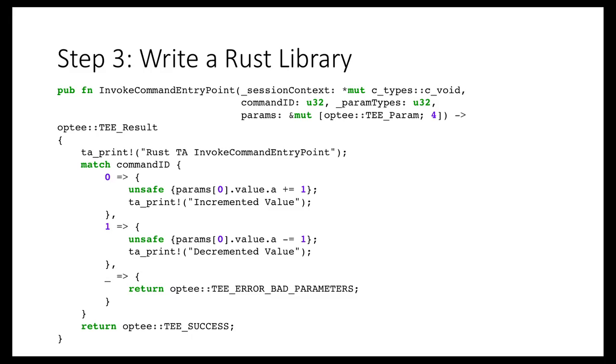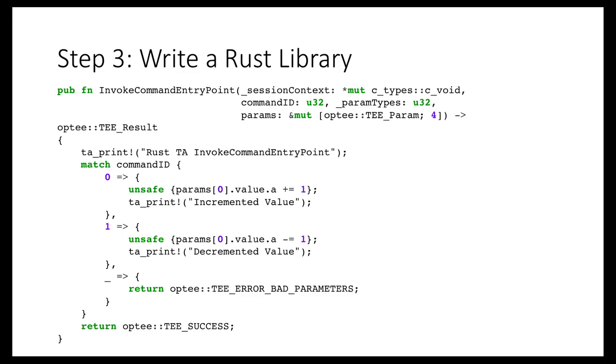So just like in C, we got our parameters here. It gets passed a session context. This is one of those cases where we have a void type because we're dealing with C. But we have a command ID, which is going to be some number. Param types, which are going to be the types that end up mapped to the parameter array, and then an array of parameters. Now, this is a very simple function that just increments and decrements values.